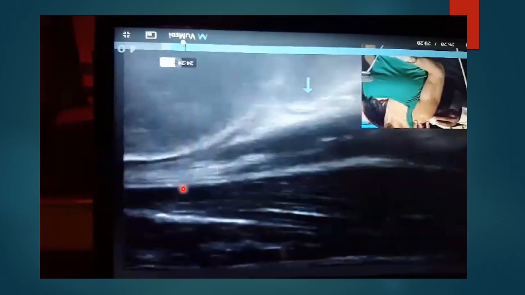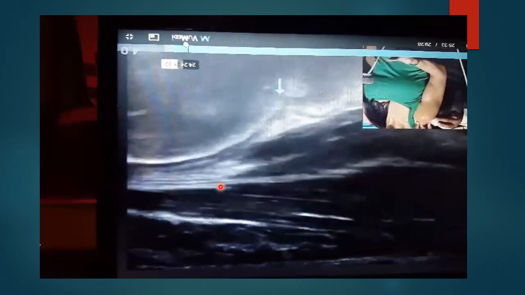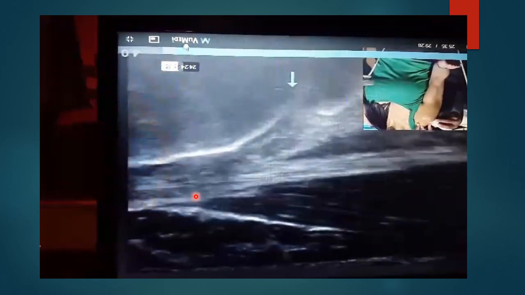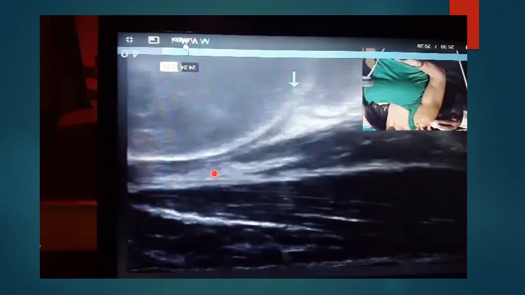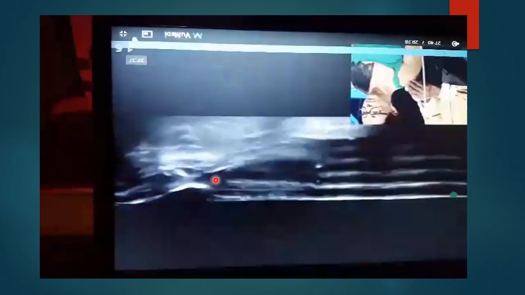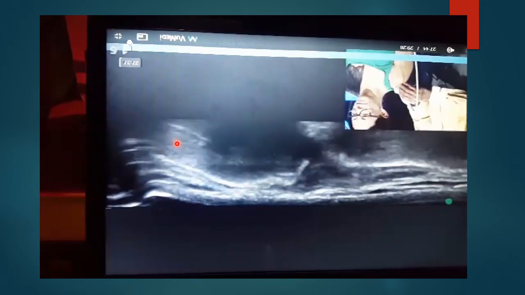This is the glenoid and the glenoid labrum. Joint effusion is seen in this area also. Superiorly examine the acromioclavicular joint.